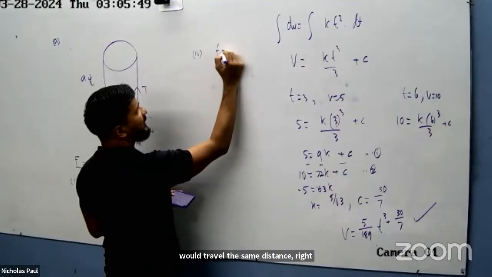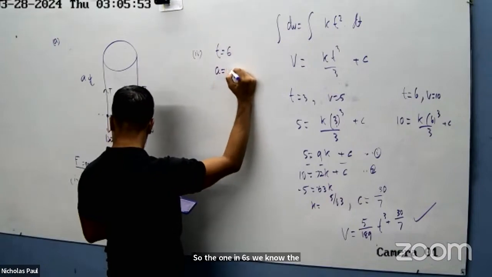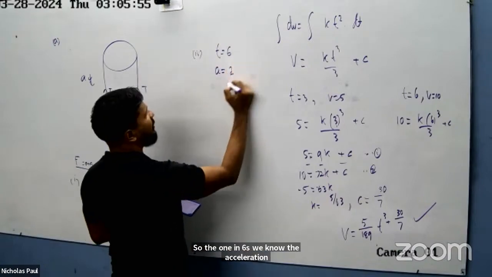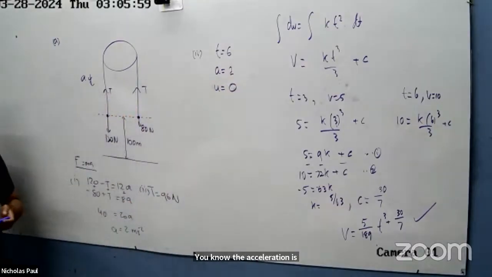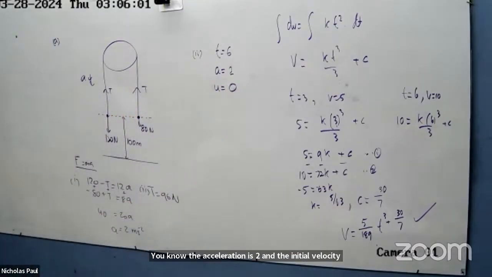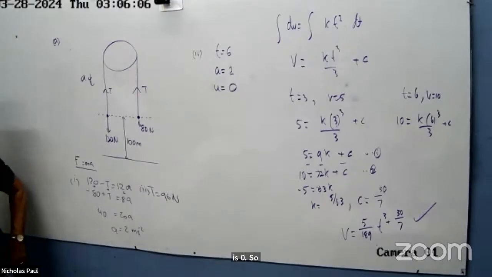So they want in 6 seconds, we know the acceleration is 2 and the initial velocity is 0. So what do you think you're going to use there? Distance formula, very wrong. You have acceleration.